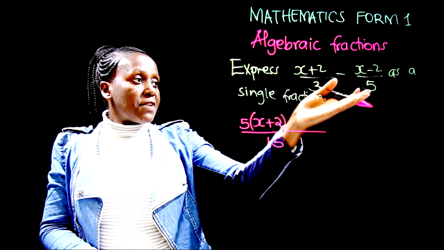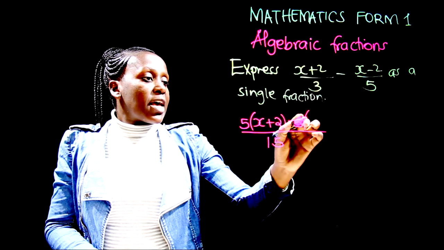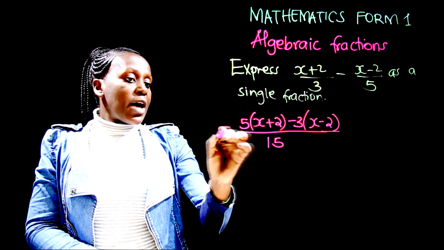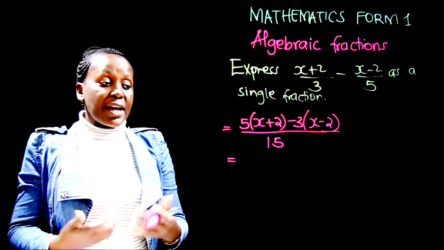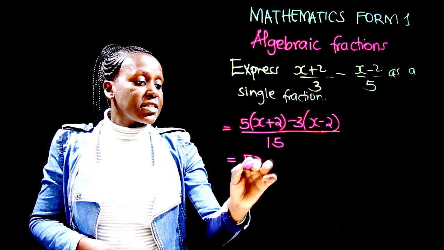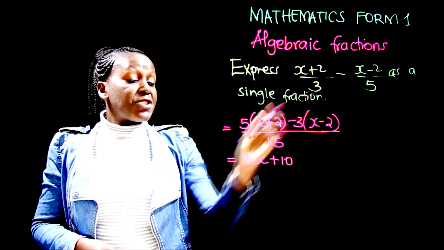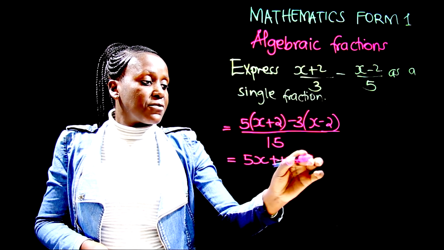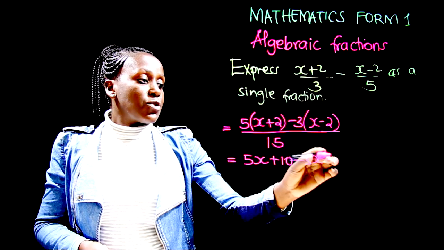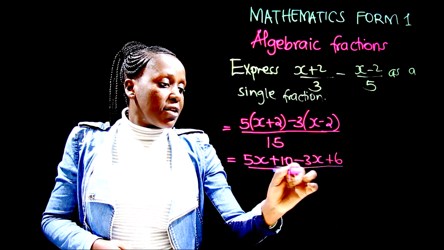Then 15 divided by 5, which is 3, with the negative sign, into brackets, x minus 2. Now we are going to open the brackets of the numerator. 5 times x is 5x. 5 times 2 is 10. Negative 3 times x is negative 3x. Then negative 3 times negative 2 is positive 6. All these divided by 15.